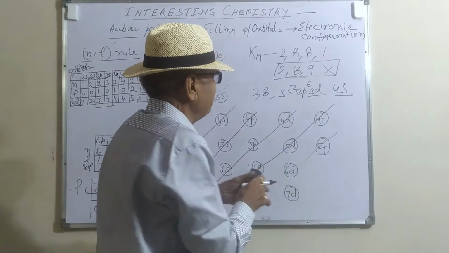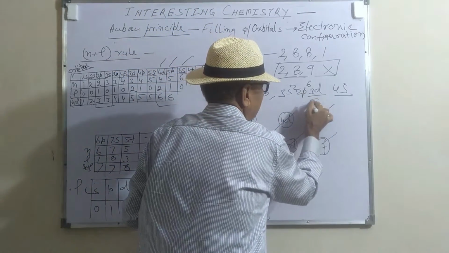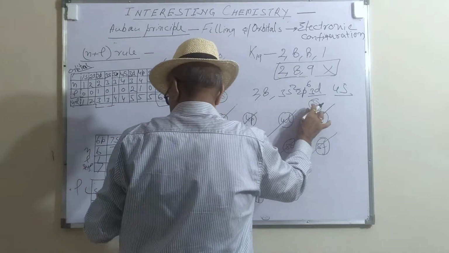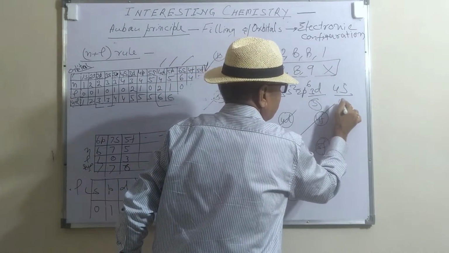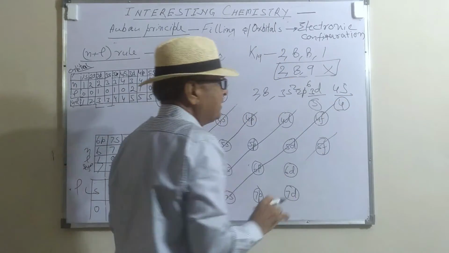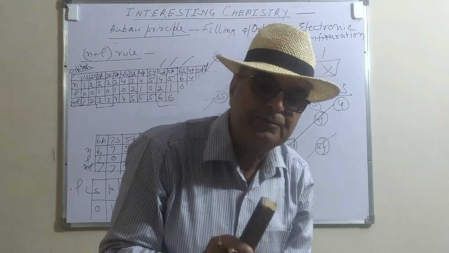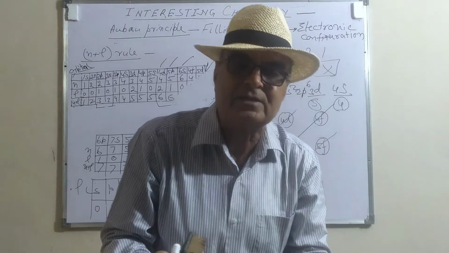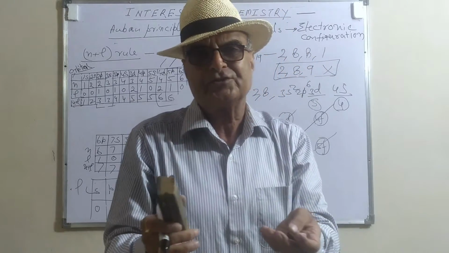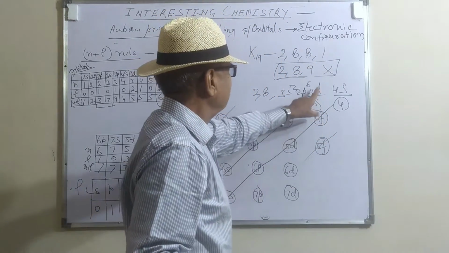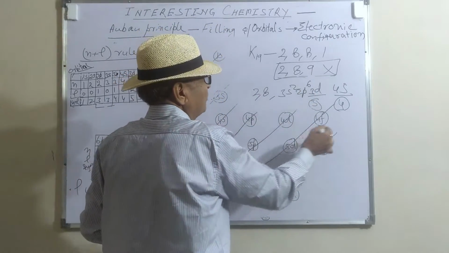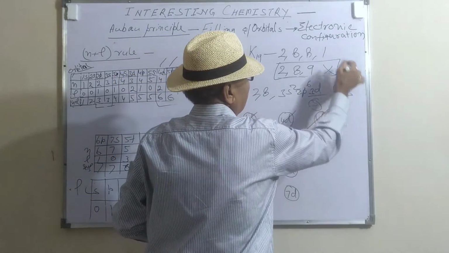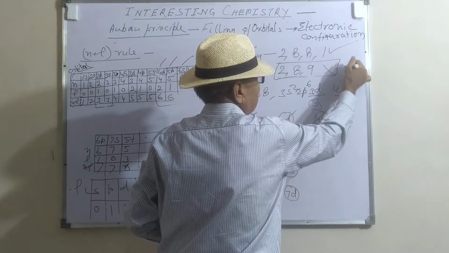For 3d, n plus l is 3 plus 2, equal to 5. For 4s, 4 plus 0, it means 4. So the n plus l value of 4s is lower than 3d, so the coming electron will go to 4s. So this will be right and this will be wrong.